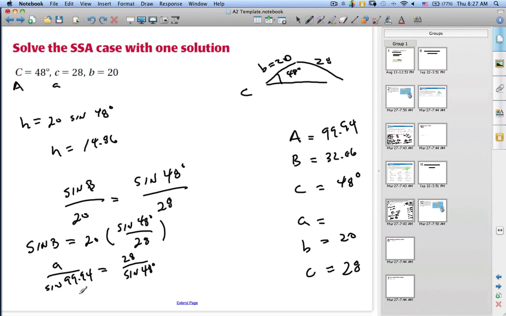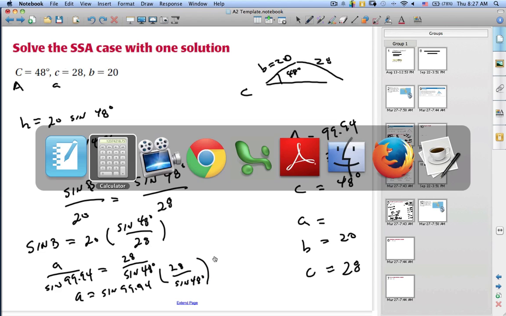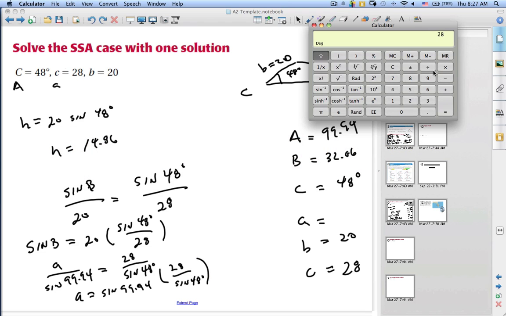If I solve for this, I'll have the sine of 99.94 times 28 divided by the sine of 48. I'll go back to my calculator. I have 28 divided by the sine of 48 equals some number times the sine of 99.94 equals. So my side would be 37.11.